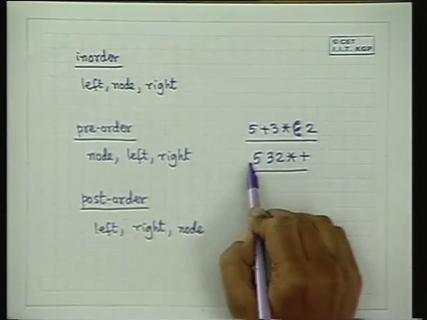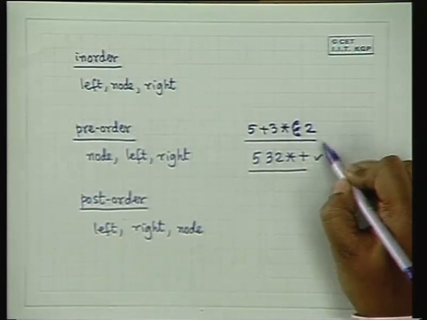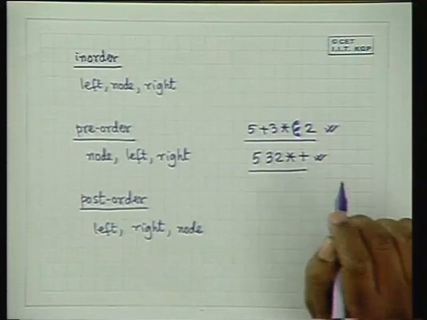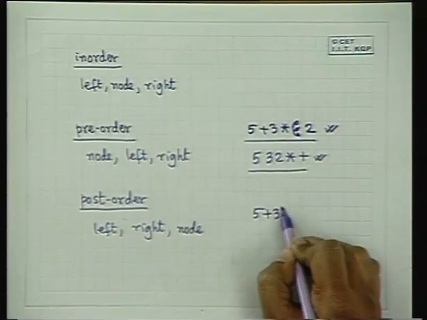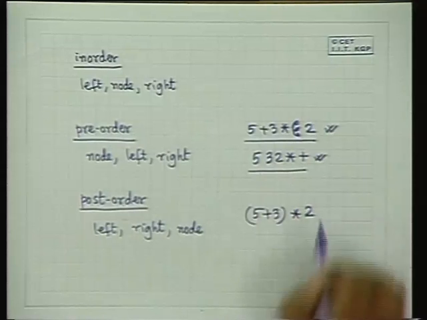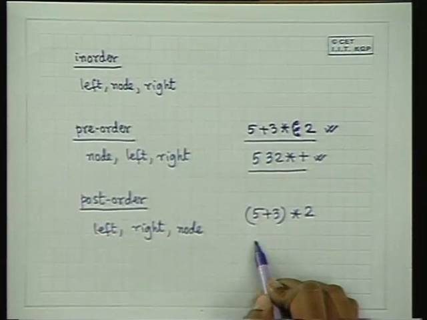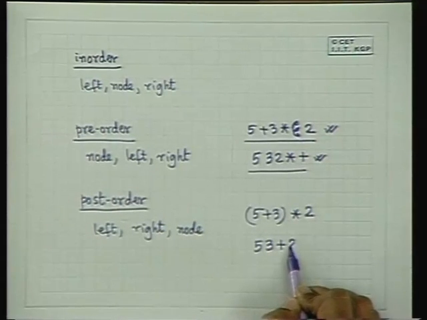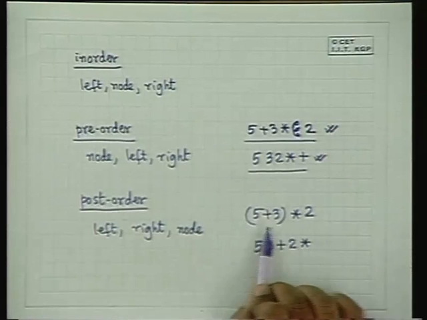And any expression, what is the advantage of postfix over normal infix? Suppose in infix you write 5 plus 3 into 2 or x plus y into z. In postfix it will be 5, 3 plus 2 star. The advantage of postfix is no brackets are required.